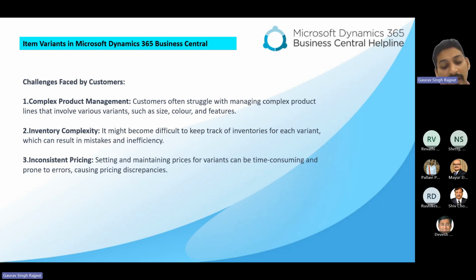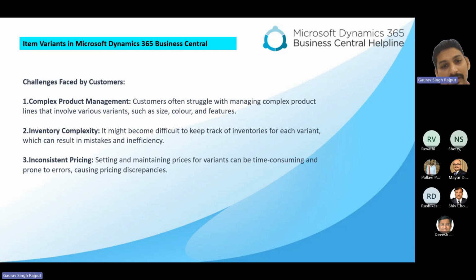So while doing any implementation, whether it's a trading company or a manufacturing company where variants come into the picture, we have to use this feature and maintain the product management properly. The second challenge is that if we maintain multiple inventory codes and don't use variants, it creates issues while doing stock takings.